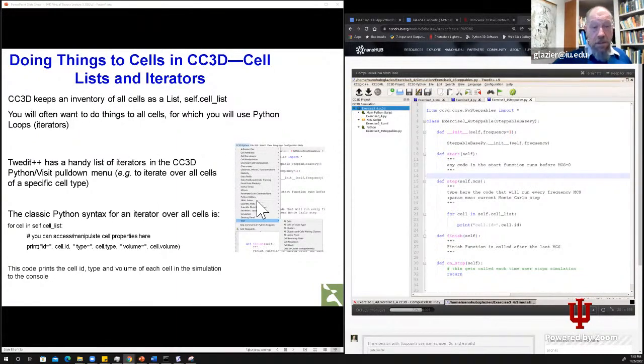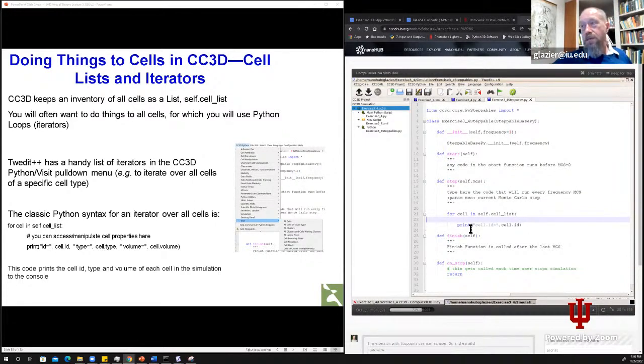Python encourages you to think about iterators that way. But the one that we're going to use all the time will be this one here, for cell in self.cellList. Self.cellList is, as it advertises, a list of all the cells in the simulation. If I do for cell in self.cellList, that will run through every cell in the simulation.